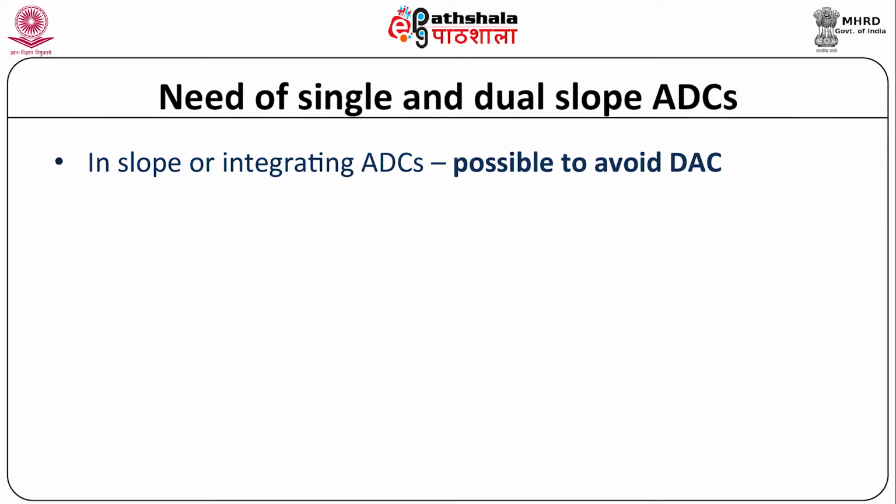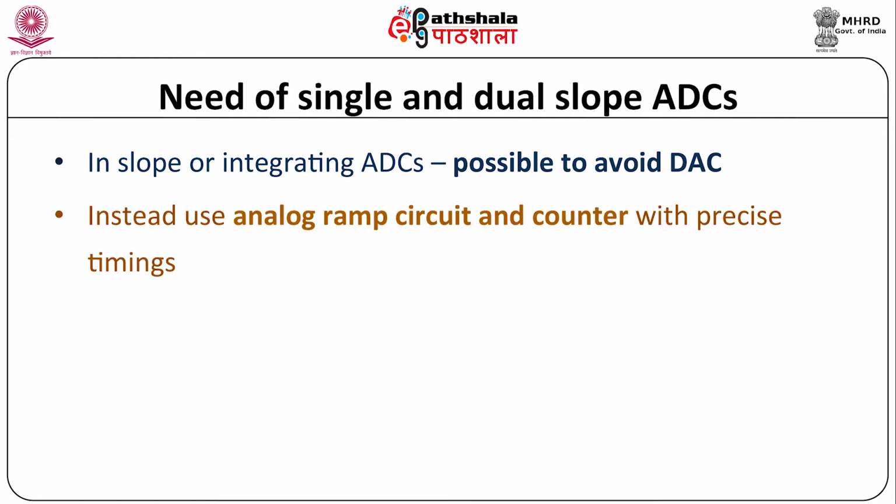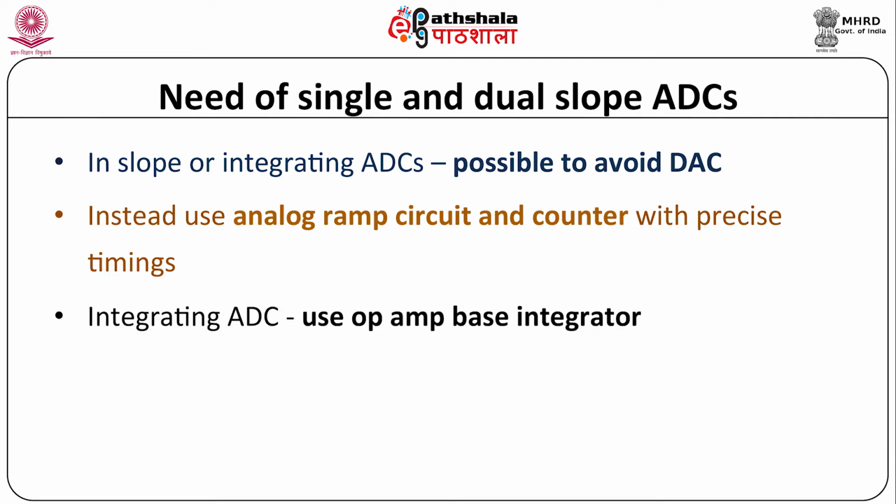In slope or integrating type ADC, it is possible to avoid the DAC and utilize an analog ramping circuit and a digital counter with precise timing in the construction. An integrating ADC is a type of ADC that converts an unknown analog input voltage to a digital representation by using a simple op-amp based integrator.